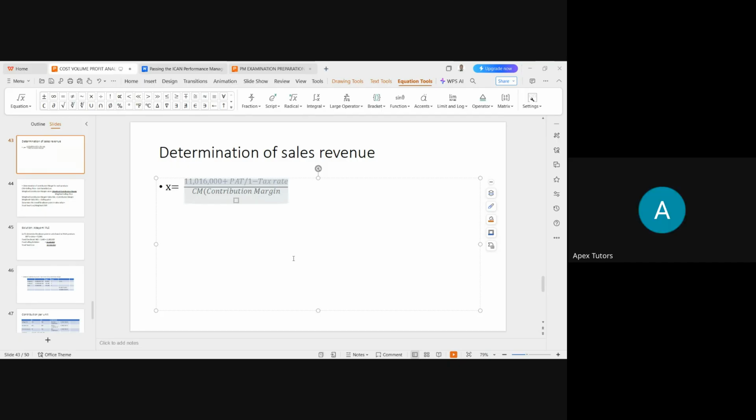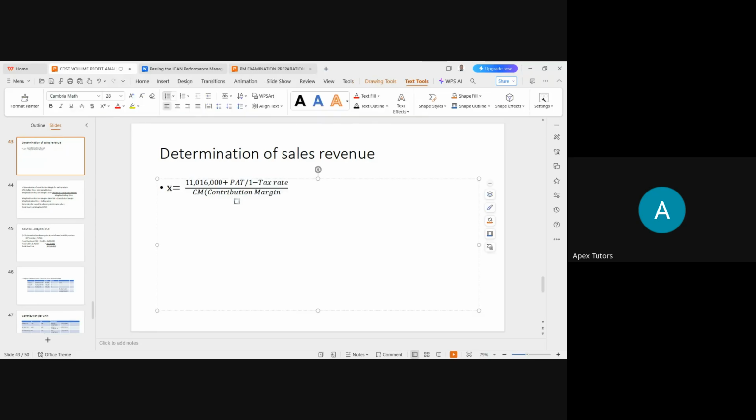So this after-tax rate of 12% of the revenue, profit after tax, means that the after-tax rate will be 12%. The revenue is represented as X. Take note, please, this X here is signifying revenue.